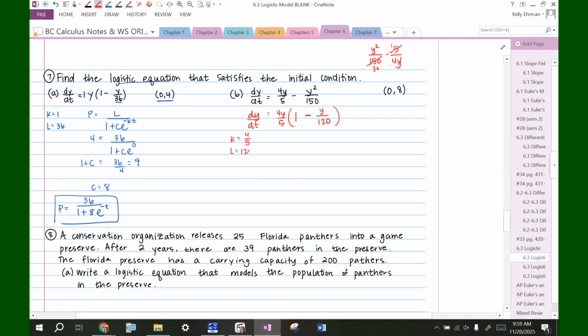L is 120. I'm going to use the initial condition set up with my formula to find C. So P is equal to L over 1 plus C e to the negative 4/5 t, and plug in my initial condition. So 8 is equal to 120 over 1 plus C e to the 0.